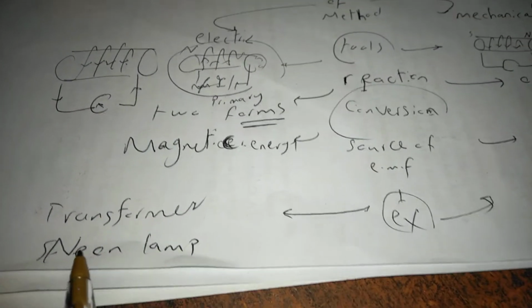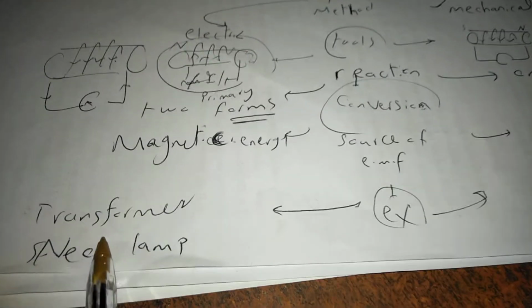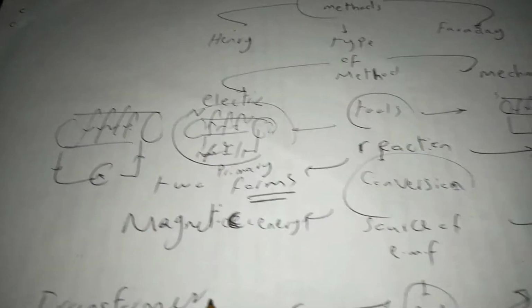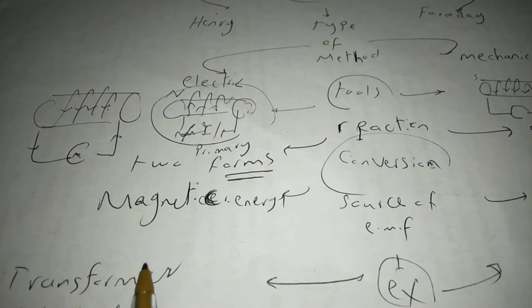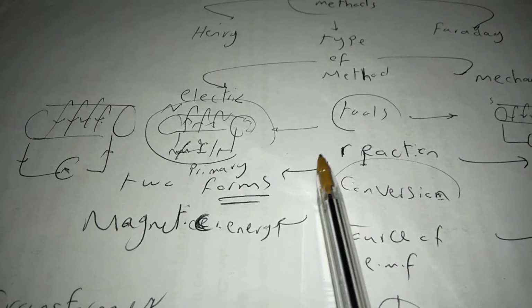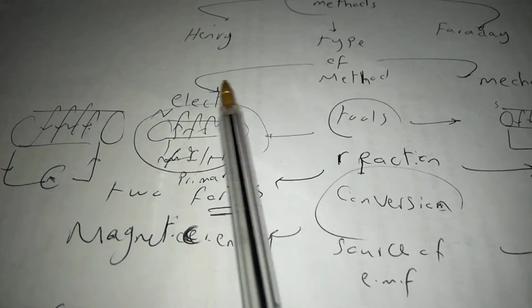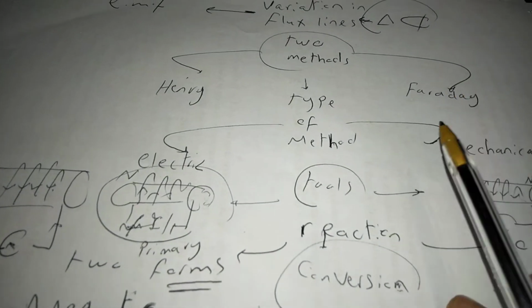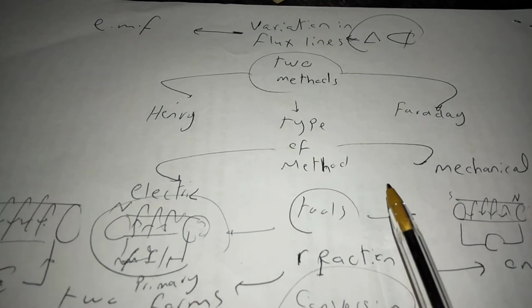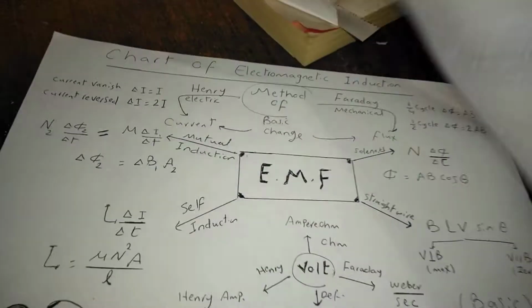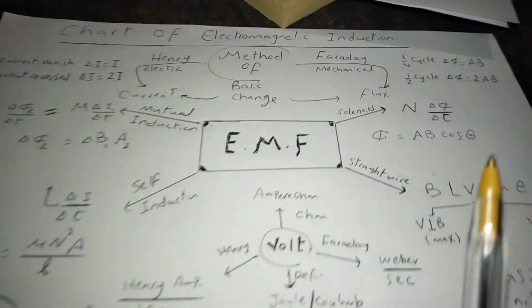On the other hand, the transformer or the fluorescent lamp are examples that show the electric method of Henry.